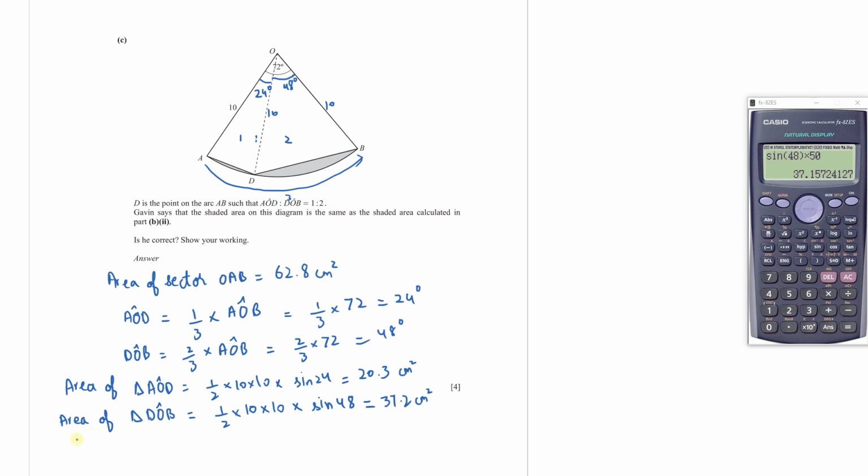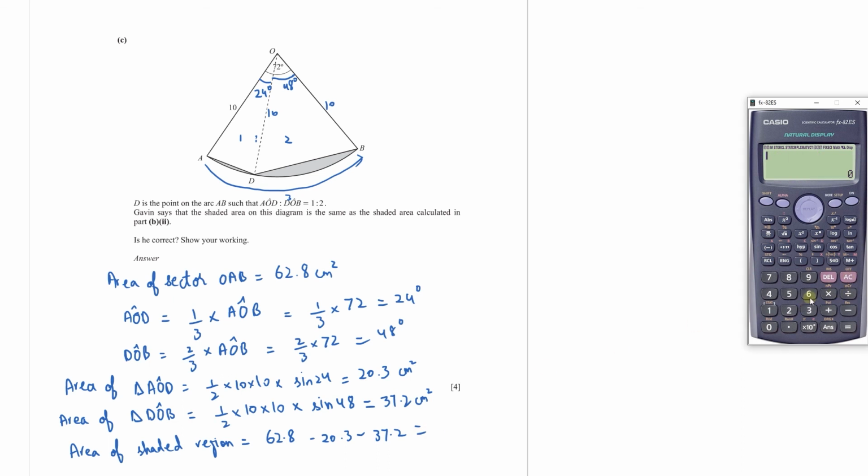Now we can calculate the area of the shaded region. The area of the shaded region will be the area of the sector 62.8 minus the area of this small triangle 20.3 minus the area of this large triangle, which is 37.2.